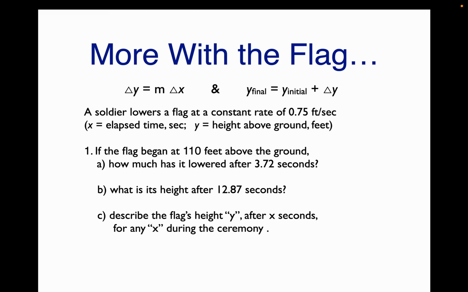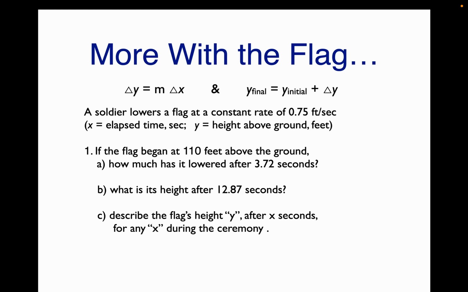And that's why a lot of times when you're writing equations, you kind of have the y-intercept, the b, as your given. But I've got x seconds have gone by, so what's my new flag height? Oh, well if x seconds have gone by, then delta x is just x, which is kind of repurposing that x. If x seconds have gone by, then my change in time is x.